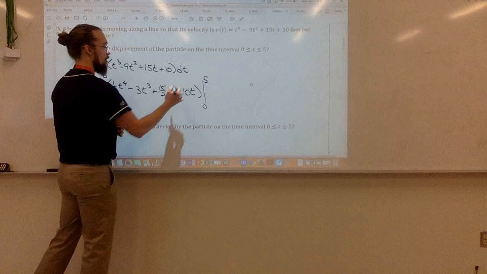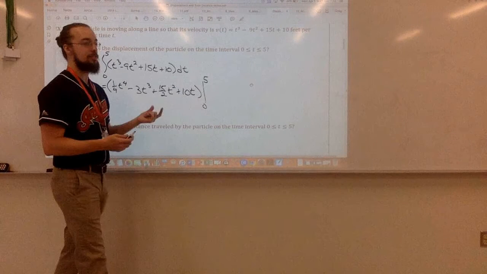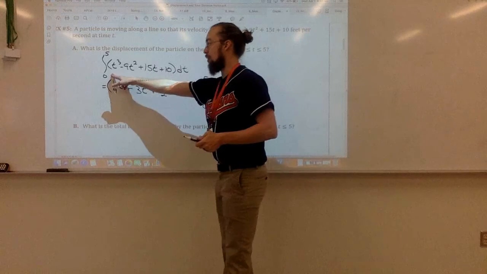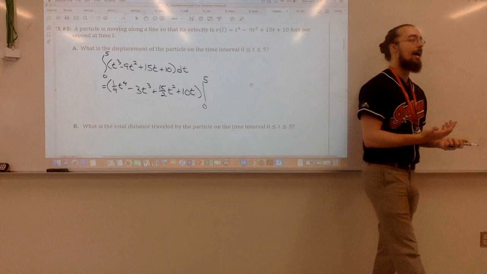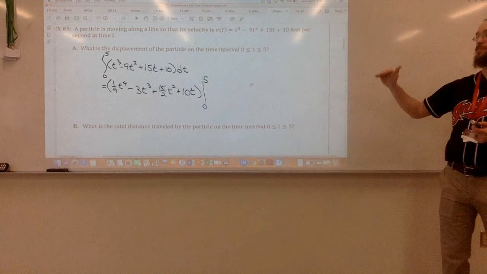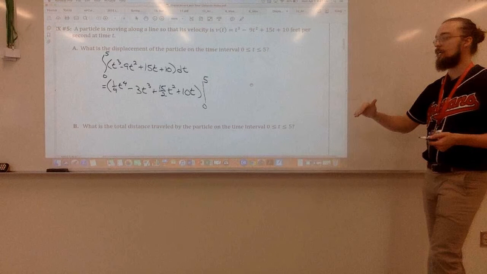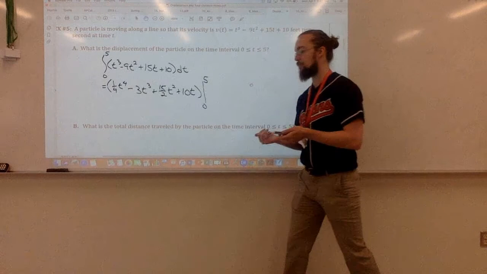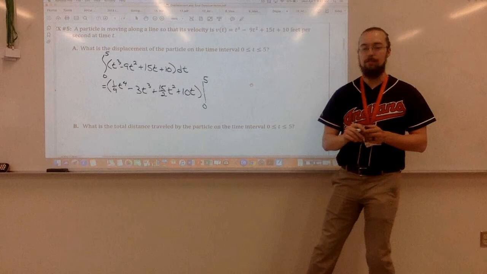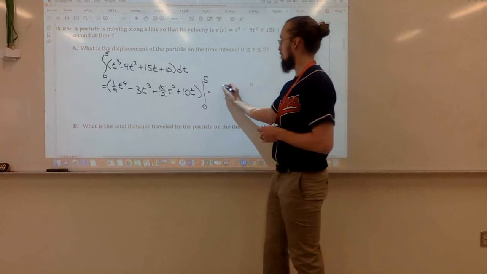So again, remember the notation. After we take the antiderivative, we're no longer using the integral symbol. We're drawing a line at the end, showing our bounds, saying these are what we're going to evaluate. Okay, so again, make sure you're not writing the integral symbol after we've taken the antiderivative. So now, I'm just plugging in 5 into all this.